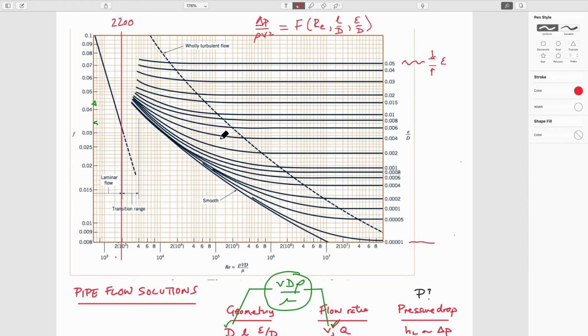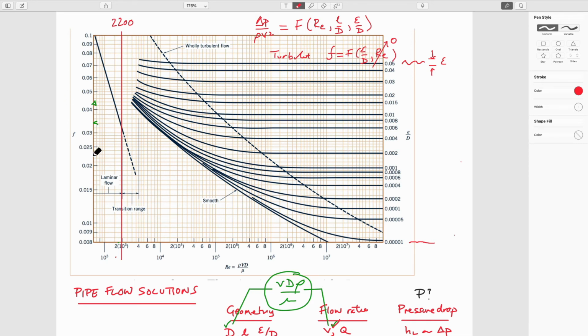So the point of mentioning that is that for fully turbulent flow, the friction factor is a function of relative roughness, right? Because these values here are different lines based on the magnitude of roughness, but it's not a function of Reynolds number. So that's the key issue.